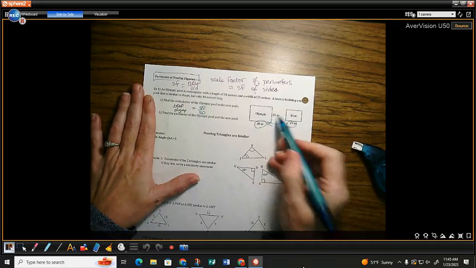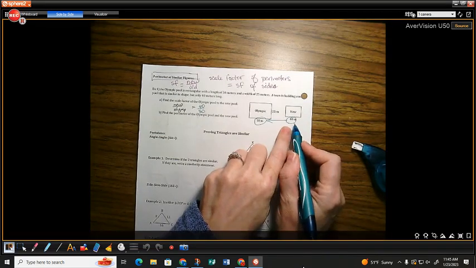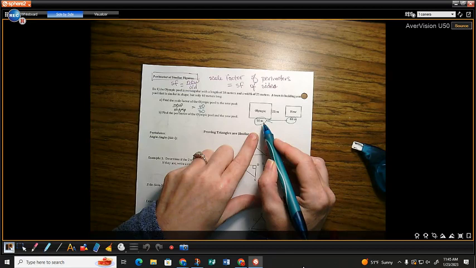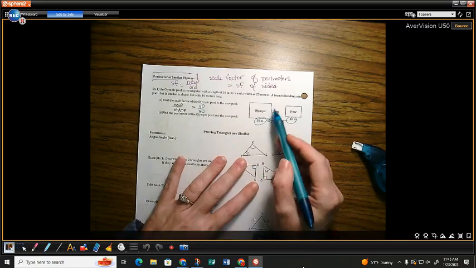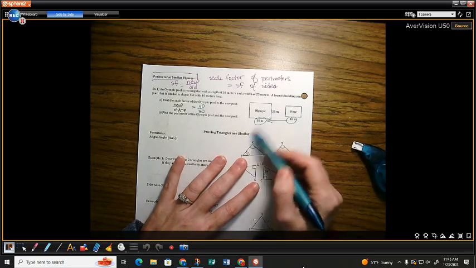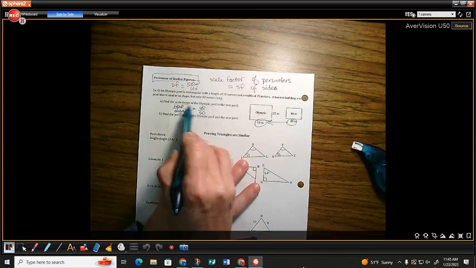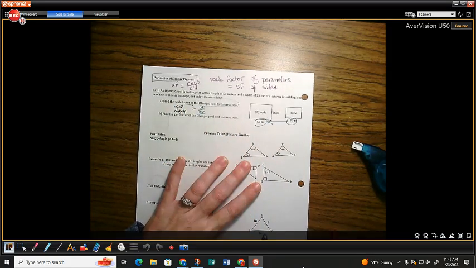Why can't I do 50 to 25? Same thing. They're on the same shape. And a scale factor is comparing your new shape to your old shape. I didn't ask you how the two sides of the Olympic pool compare. I asked you for the scale factor with the new and the old guy. So make sure you pay attention to that, because there's more than one way to find different things, but I'm asking you to find certain stuff.